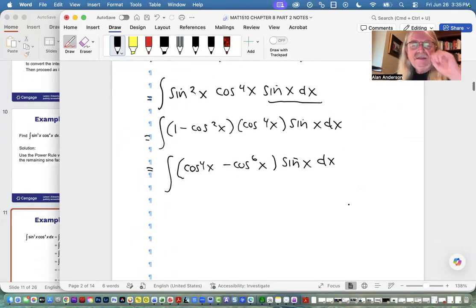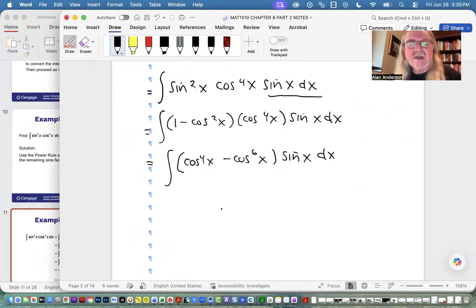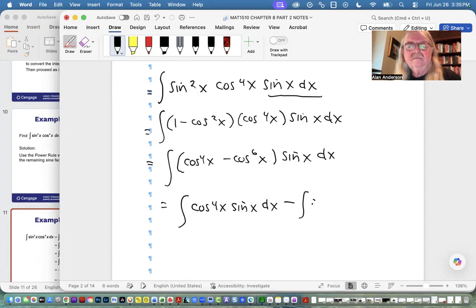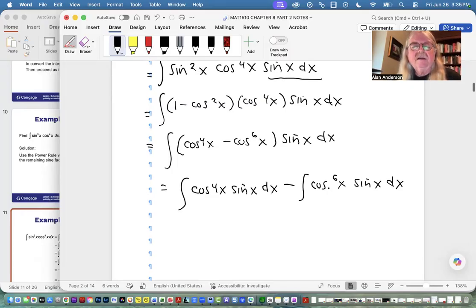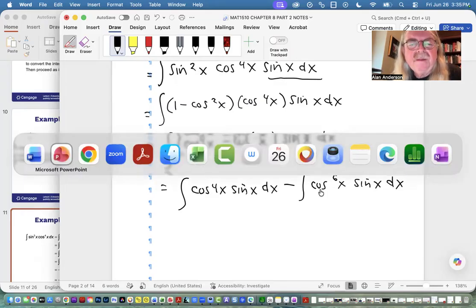All right. Now we can break it up into two terms, or two integrals, I should say. All right, now we can start thinking about a u substitution.